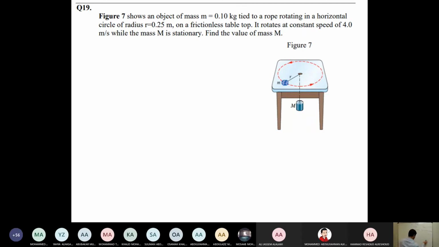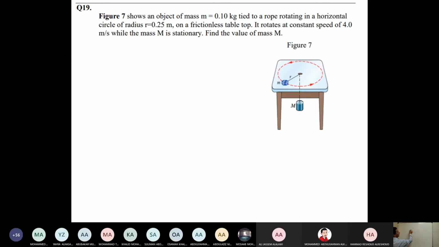Okay. Here you are seeing the mass which is rotating on top of the table. It has the tension downward, because the tension is holding it toward the center, right?